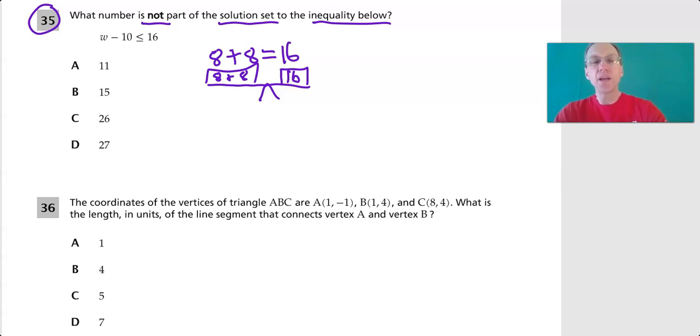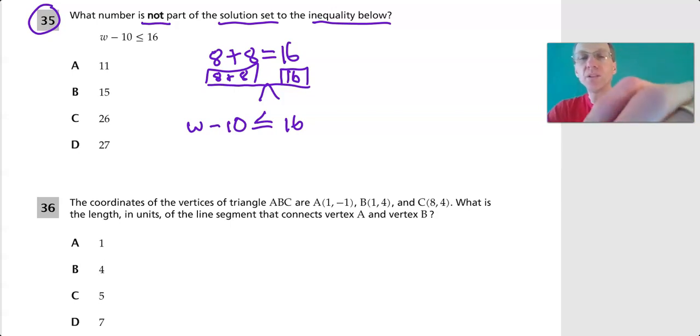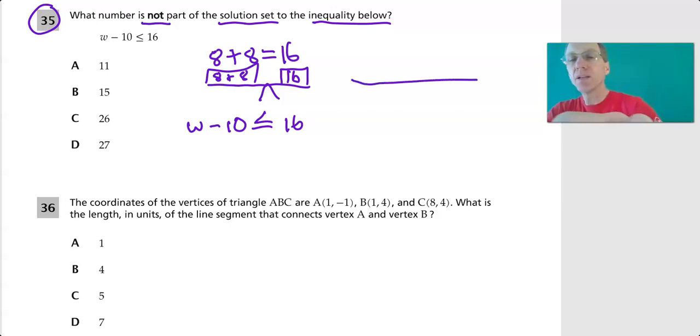But in this case, we have W minus 10, not equal, it's less than or equal to 16. So we had to figure that out. In the last video, we talked about putting this on a number line. We've got this value of 16 out here.